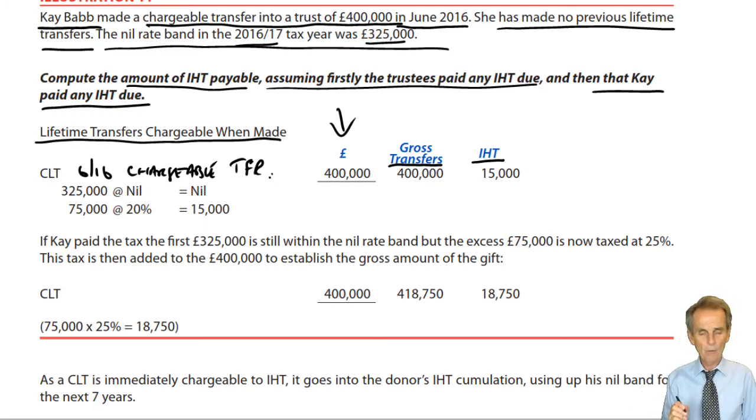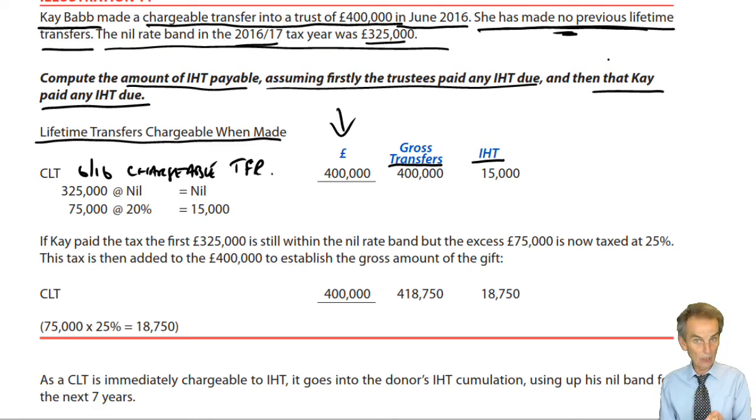Right. Remember, it's a cumulative donor-based tax. She had made no previous lifetime transfers. We need to know that to understand that as there were no previous lifetime transfers, specifically within the 7 years before this date, it means that there has been no prior usage of the available nil rate band.